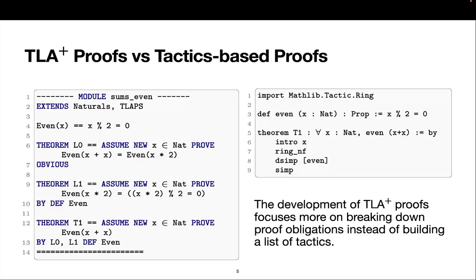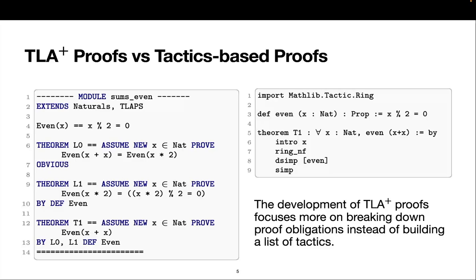I also want to note that here, the TLA plus proof on the left-hand side can be written in a much simpler way. We write it in this form just for demonstration purposes. The distinction between TLA plus and the tactic-based proof here actually matters because in recent years, there has been progress in using LLMs to generate tactics for provers like Lean.